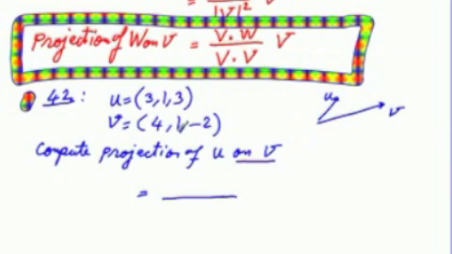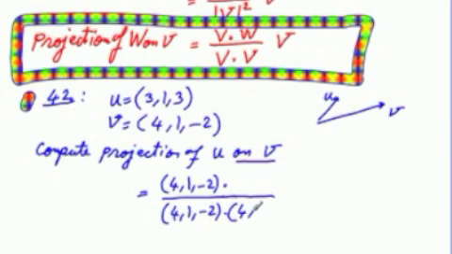It is this vector that shows up 4 times. 4, 1, minus 2. You have to dot it with 4, 1, minus 2, dot it with itself, or find the length of it, dot it with what in the numerator? 3, 1, 3, and to get a direction to this vector, you have the 4th appearance of the same vector.